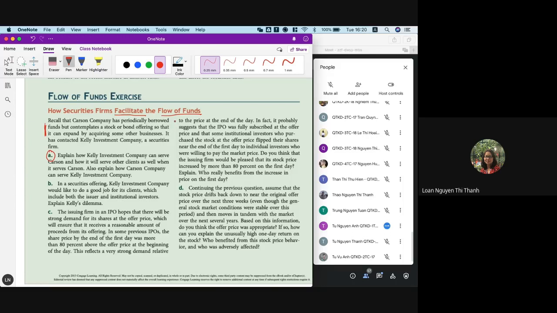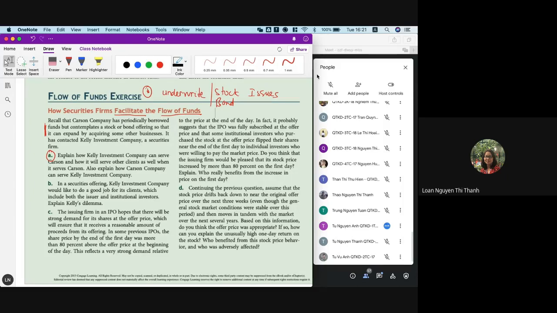Okay? So here, they can underwrite the stock, okay? Underwrite the stock or bond issue. You know that? Facilitate, originate, underwriting, advertising, distribute stock and bond issue. Bảo lãnh phát hành nhé. Đấy, chứ họ không phải là tôi mua đâu, đúng không?